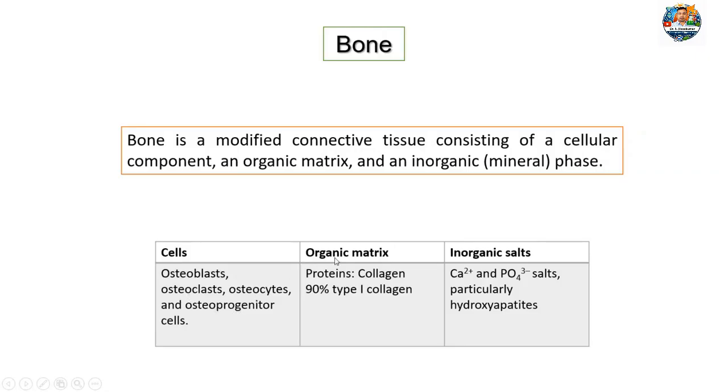The organic matrix is mainly formed by proteins, and type 1 collagen contributes 90% of the protein. The inorganic component consists mainly of calcium and phosphate salts, where it forms a structure called hydroxyapatite.